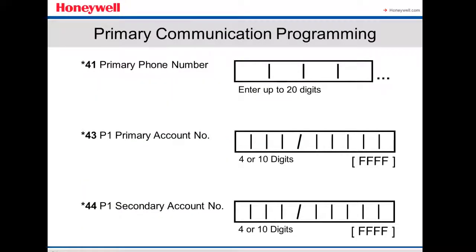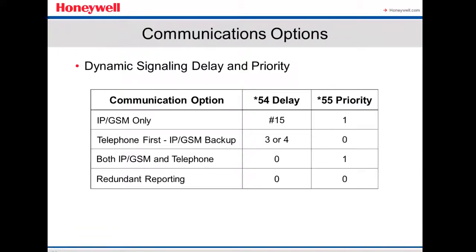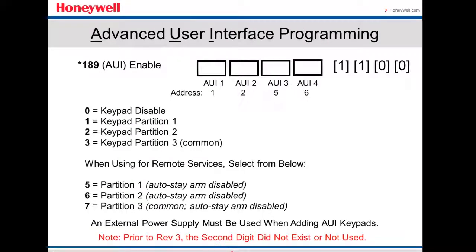These are the communication programming. That's where, if this panel is going to communicate with the central station, you put all the information, the phone number, the account number, etc. This is where, if you're going to use a touch screen or Tora Connect, you enable the keypad for them. If you're going to use address number 1, you just put number 1 in the first one, then the other one 000.